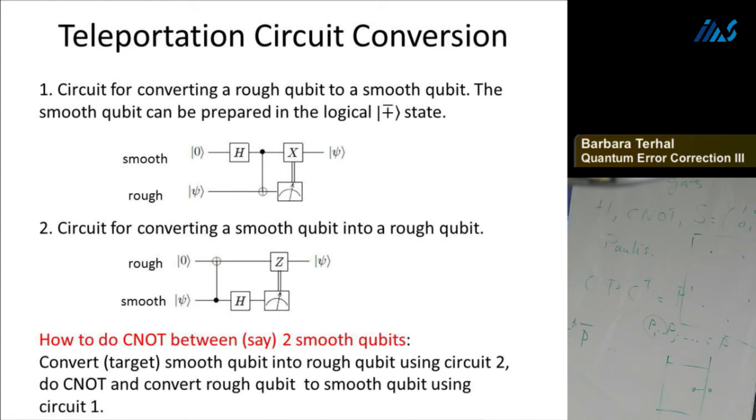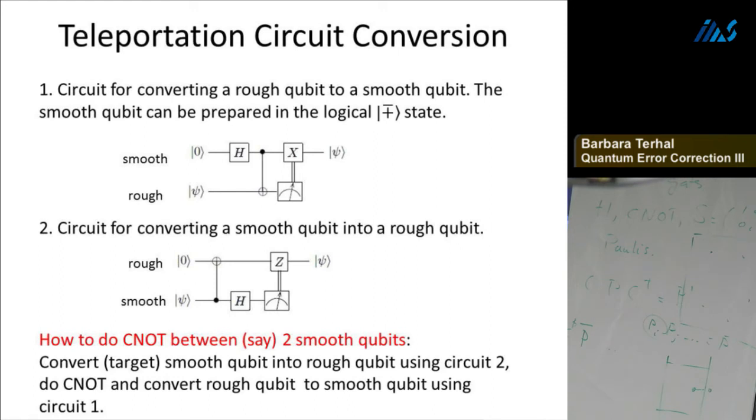So that circuit converts a rough qubit into a smooth qubit. And similarly, I can convert by a slightly different circuit, which is sort of Z teleportation. These are 1-bit teleportation circuits. I can convert a smooth qubit to a rough qubit using this circuit. I can't use the other circuit because it has the C0 the wrong way.